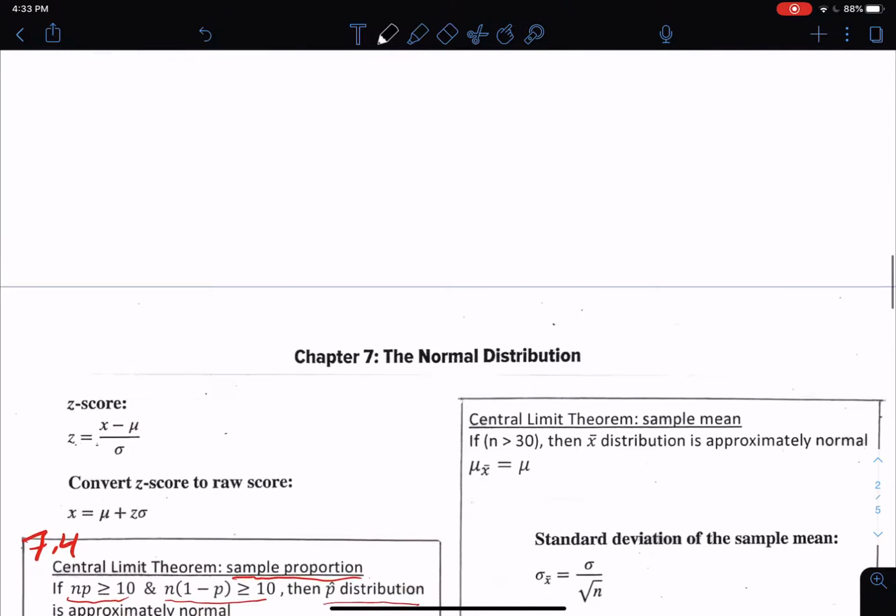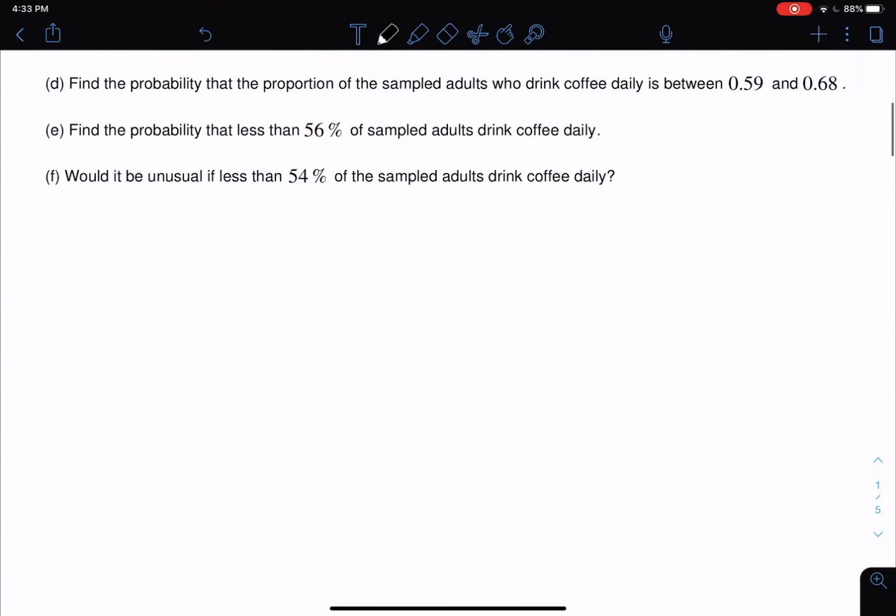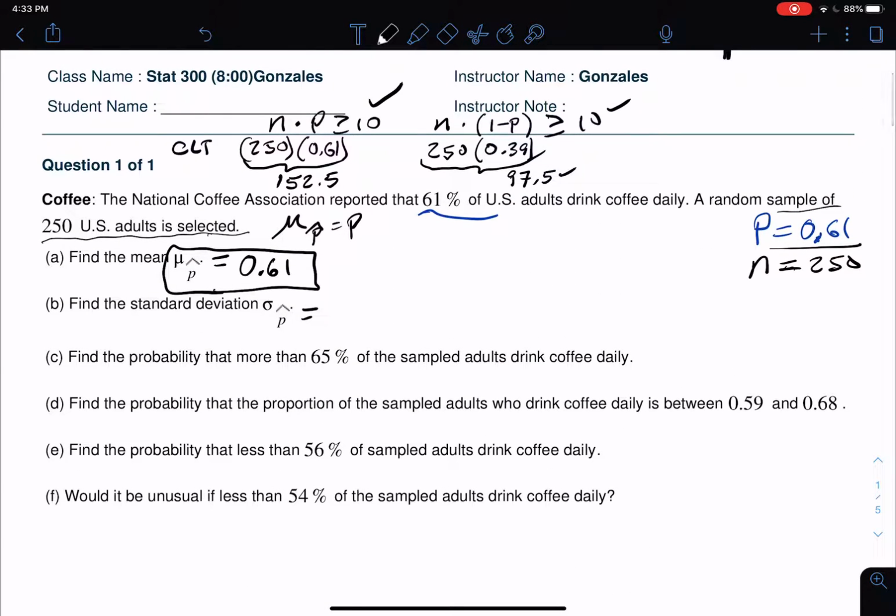All right, so I can work this right here. This is going to be part B.